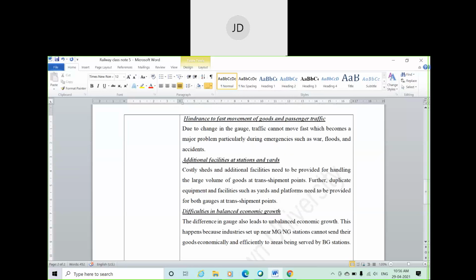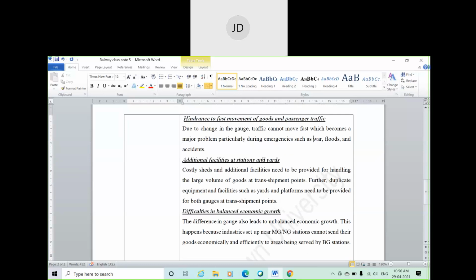Next, additional facilities at stations and yards. You are already familiar with the railway station. In the whole railway yard we have a station, then different compartments. I'm talking about the railway station only. Then we have a room for stock, all these things.